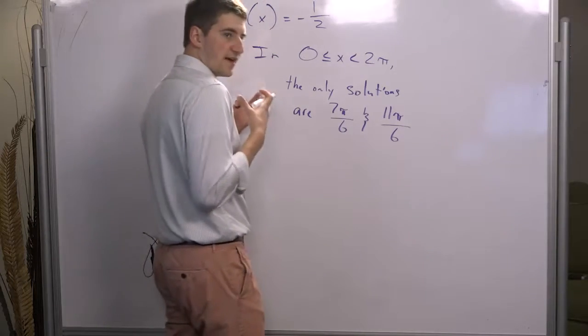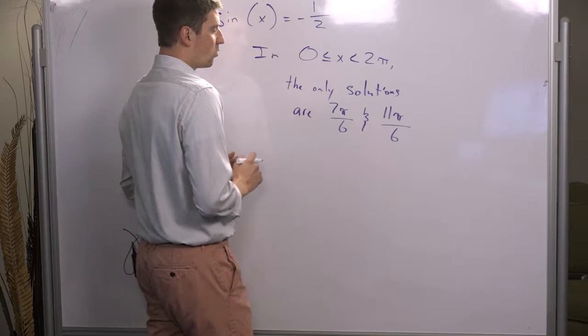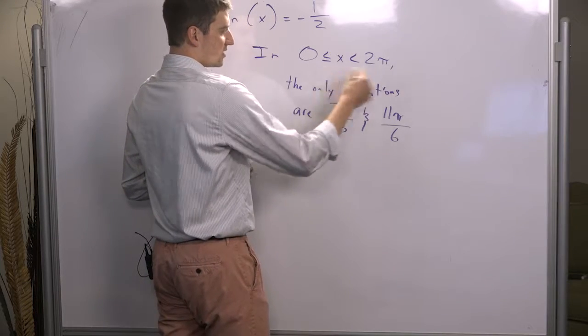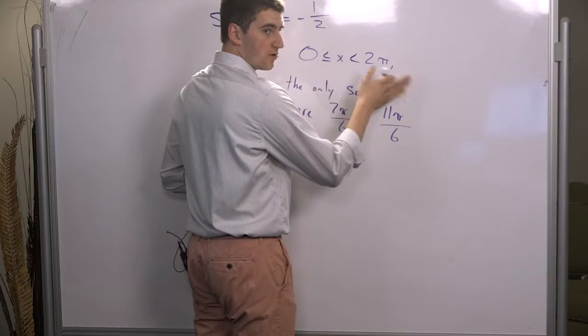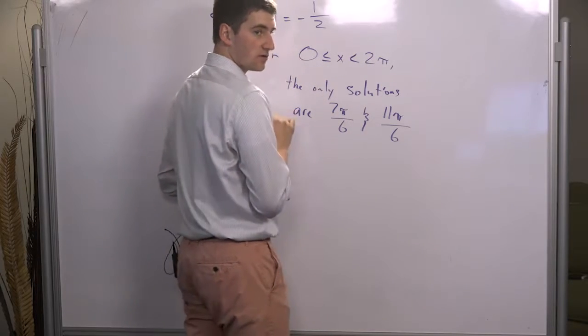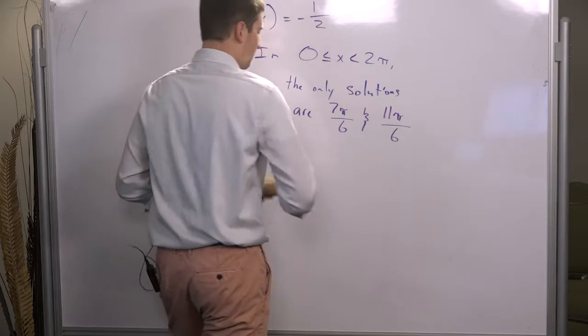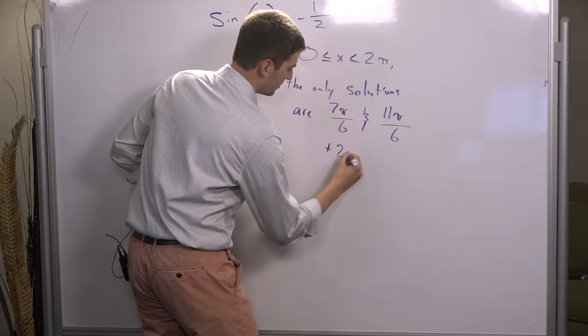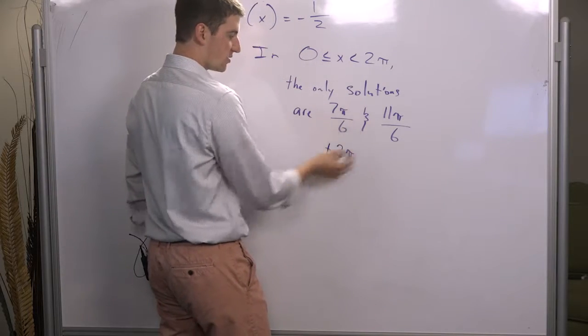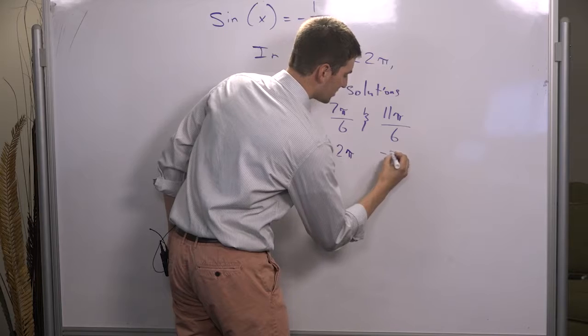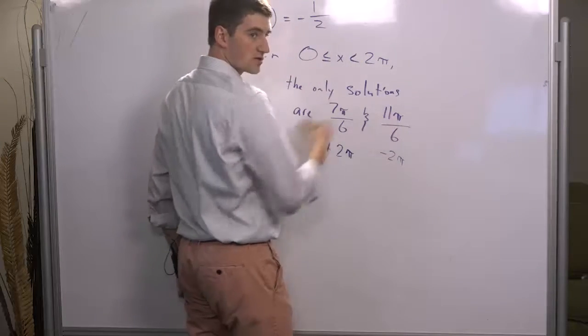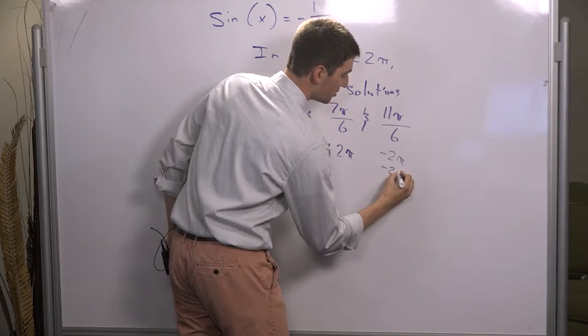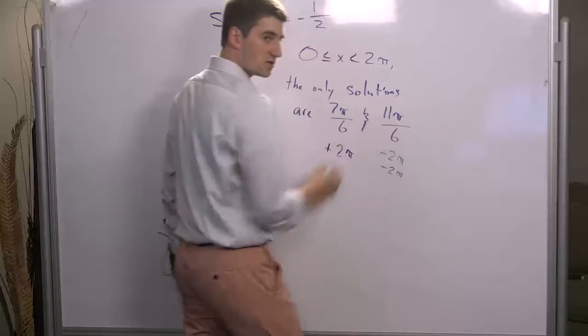But our question was to find all the solutions. So what are we going to do? Well, since this is 2 pi periodic, all we have to do is add or subtract as many 2 pi's as we want to any of these solutions. So for example, if I add one 2 pi to this guy, this is also a solution. If I subtract 2 pi, that's another solution. If I subtract another 2 pi, this is another solution.